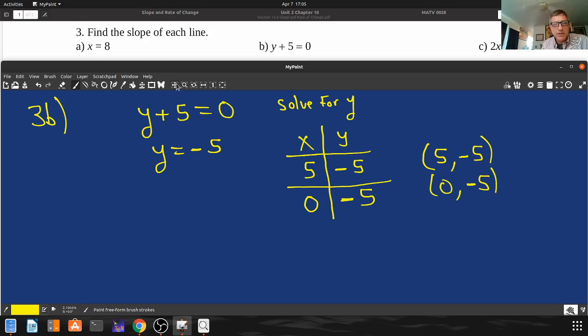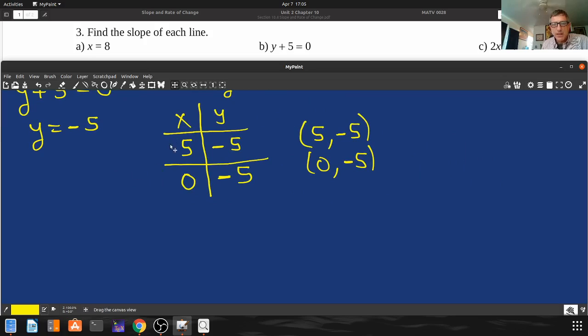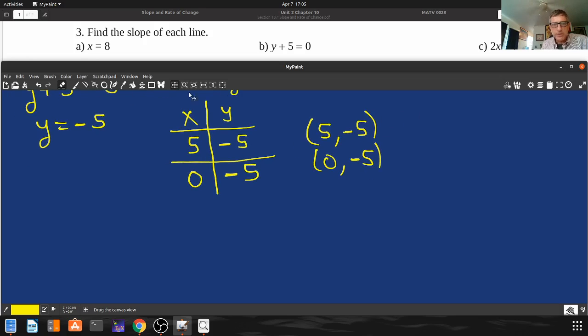And let's find the slope now. Now you might actually be anticipating what it's going to be by what I said earlier. So I'm going to call this x2, y2, x1, y1.